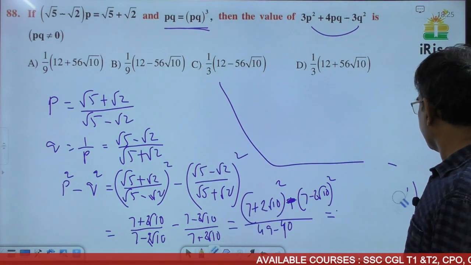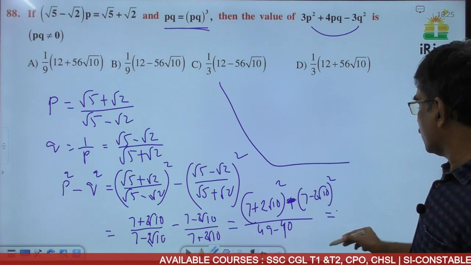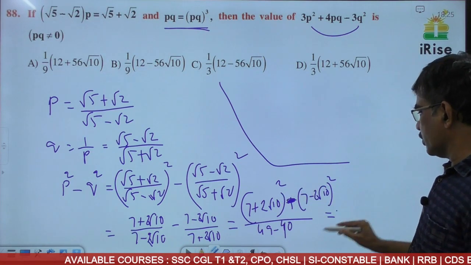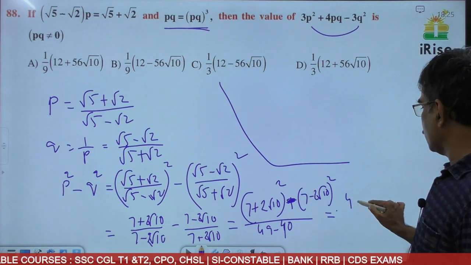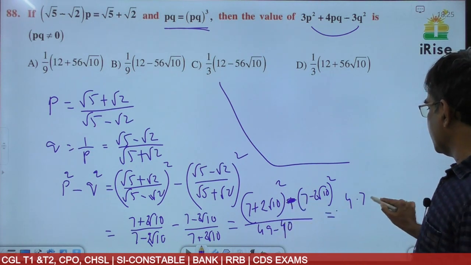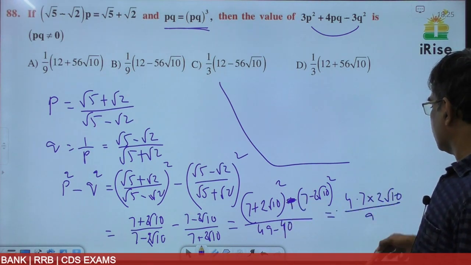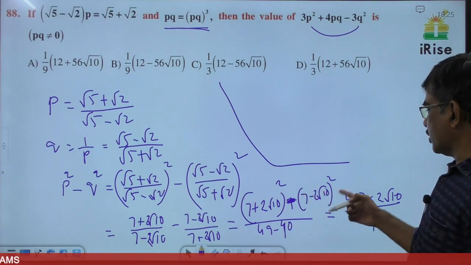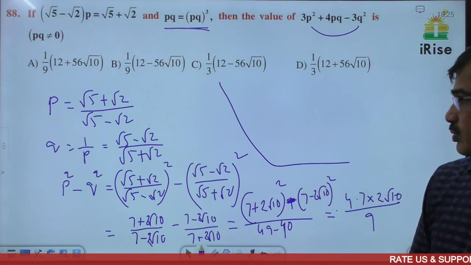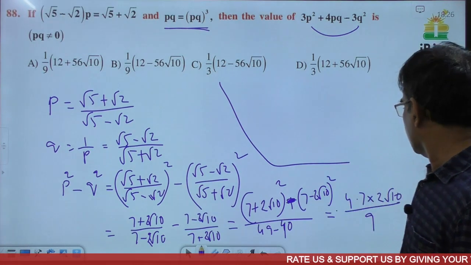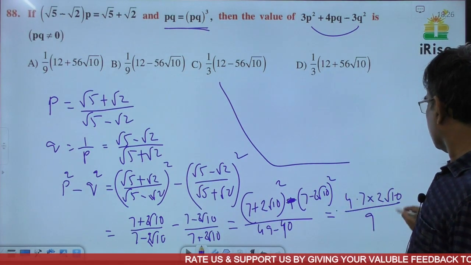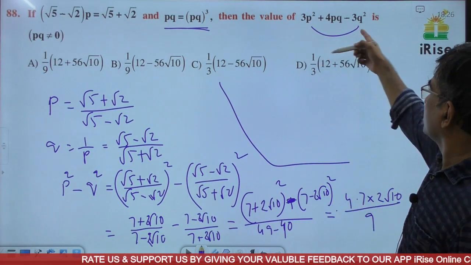This is wrong. (a plus b) whole square minus (a minus b) whole square is equal to 4ab. So the answer is 4 into ab, which is 2 root 10, by 9. (a plus b) whole square minus (a minus b) whole square is equal to 4ab. Minus is there, not plus. Okay, so this is the value of this one.